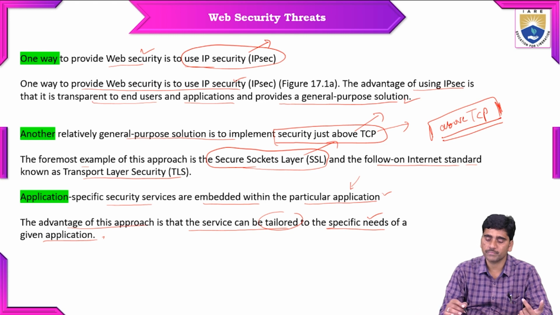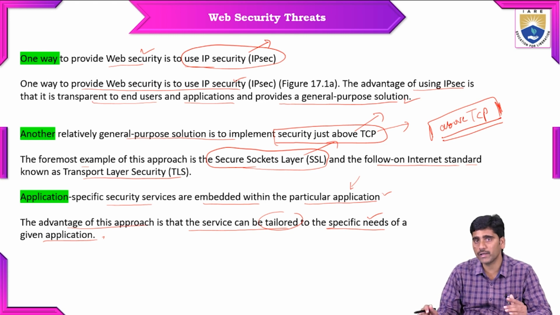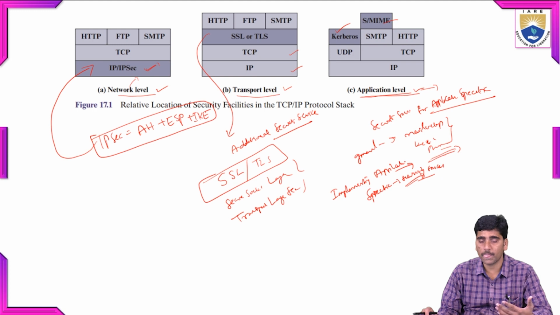One scheme is providing IP security, another is providing transport layer security above TCP, and the third is providing security for application specific purposes. These are the additional layers of security provided for web security.